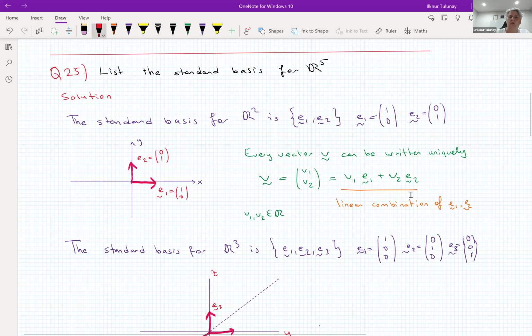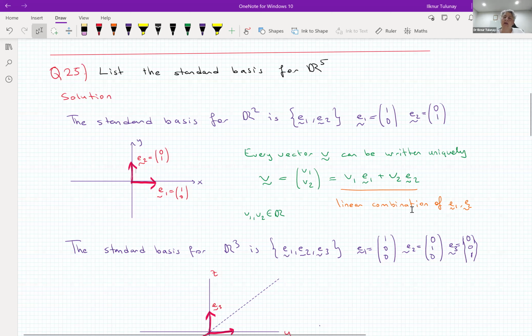It is a straightforward thing. I just would like to put the vector notation there. A linear combination means a real number times a vector plus another real number times another vector. So this is a linear combination of the vectors E1 and E2.